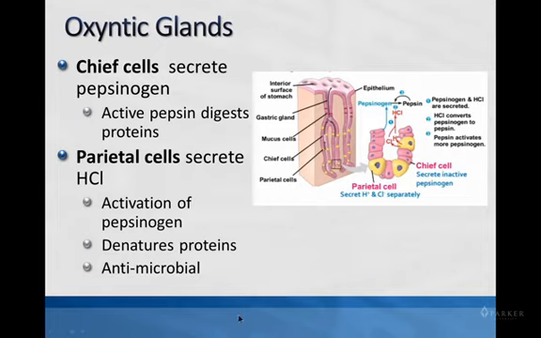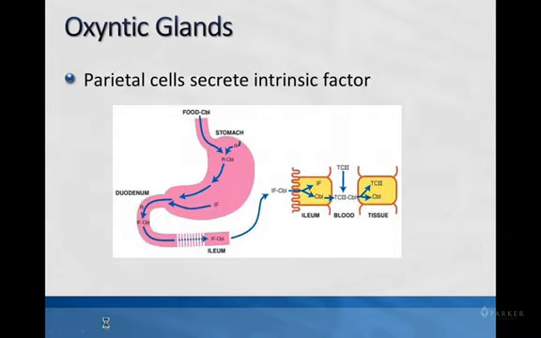Well, the parietal cells also have one more secretion. It's intrinsic factor. This is something you probably would have discussed in biochemistry. In the food that you take in, you have vitamin B12, cyanocobalamin. You have a binding protein that binds to cyanocobalamin.